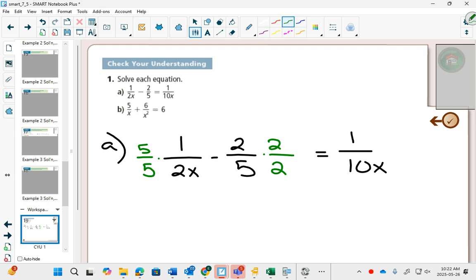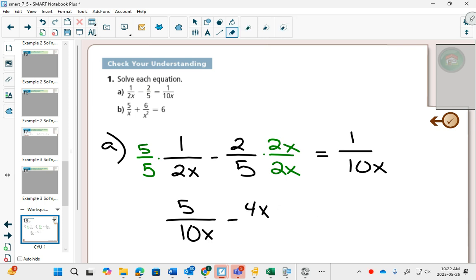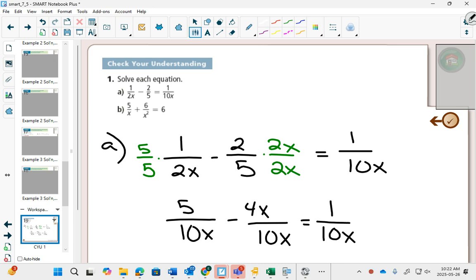Then I look at my variables. There's an x and an x, but this one is missing the x, so we'll get our common denominator. So this will be 5 over 10x minus 4x over 10x equals 1 over 10x.